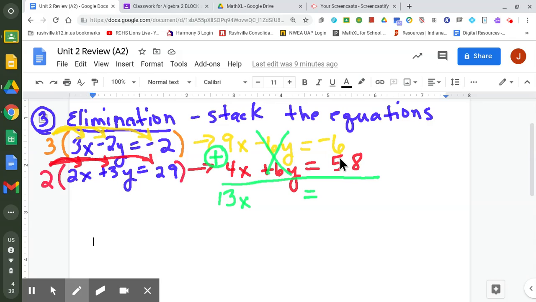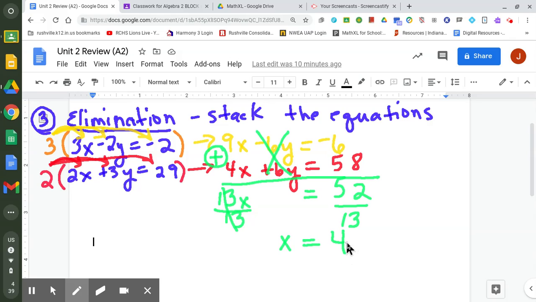And again, there's nothing wrong with using a calculator just to make sure that you write the right problem. So 52, and then I'm going to divide by 13, divide by 13. And so x equals, and again, you can use the calculator, 52 divided by 13 gives me 4.